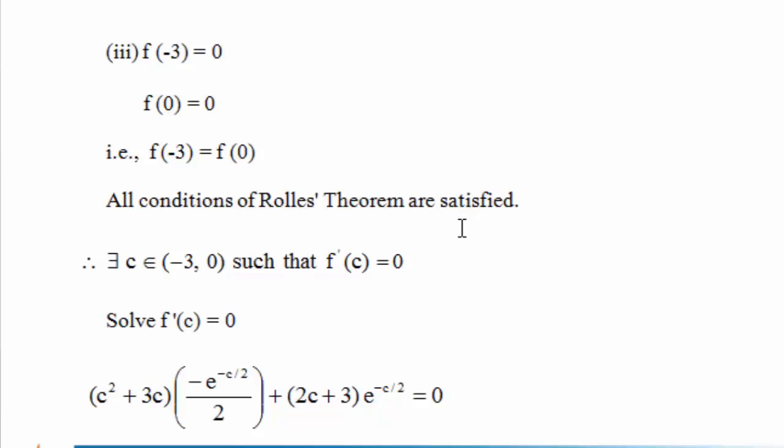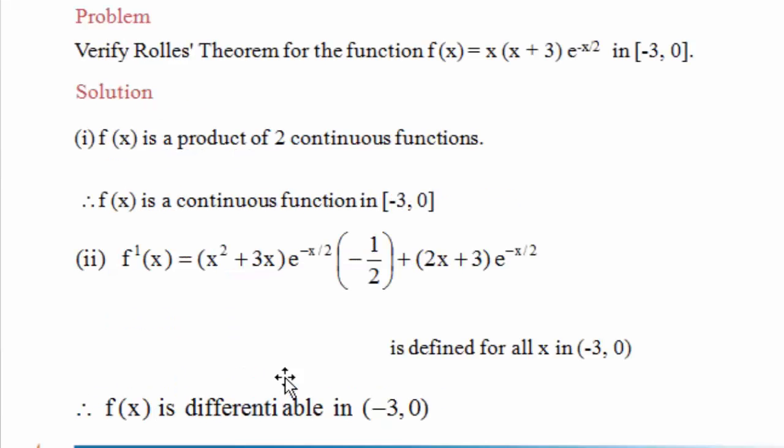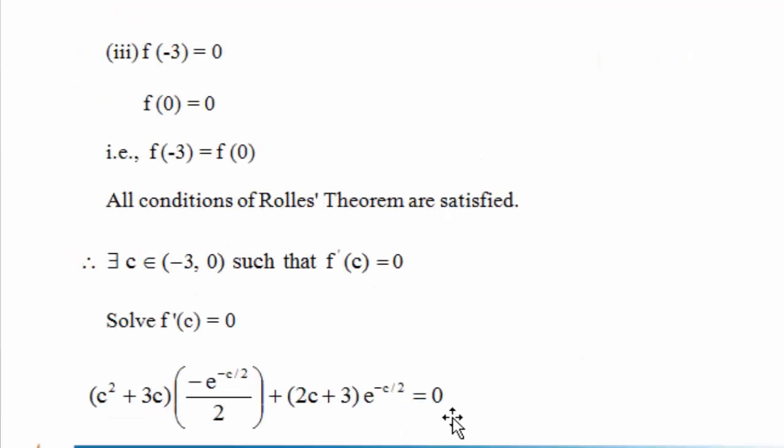Now let us evaluate the value of point C lying between the interval -3 to 0. From Rolle's theorem we get this equation, f dash of C equals 0. We have to solve it. We know the derivative of function f, we already found it in the previous slide. Just replace x by c, we get this equation.